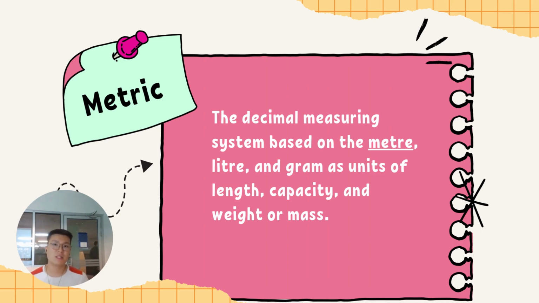The first unit that was defined in the metric system was the meter. It was defined as one ten-millionth of the distance between the North Pole and the equator.